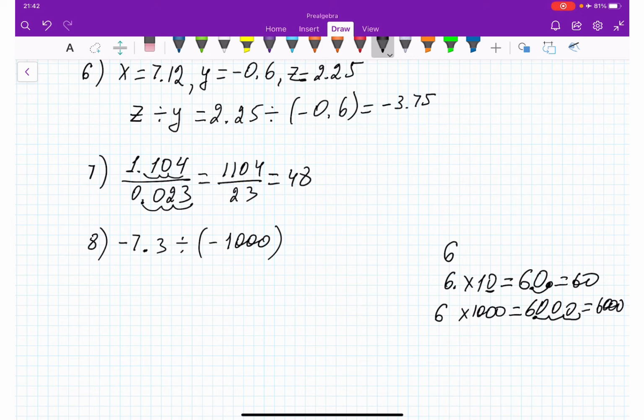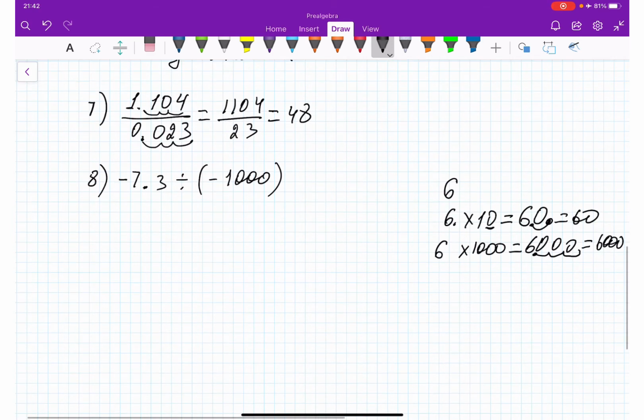And accordingly, if you move to the left, then you are dividing by 10, by 100, by 1,000, 10,000, and so on. So we have 6, let's say, dividing by 10. The point is here, right? So I'm moving to the left.